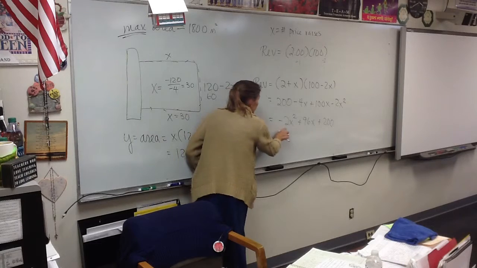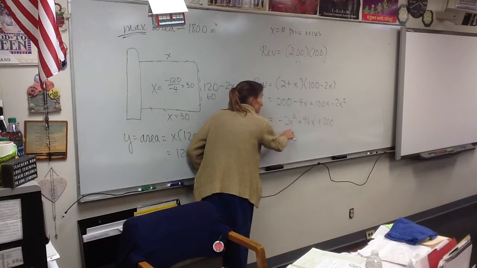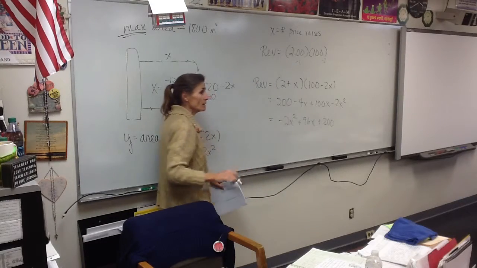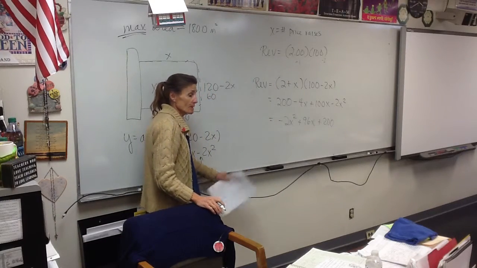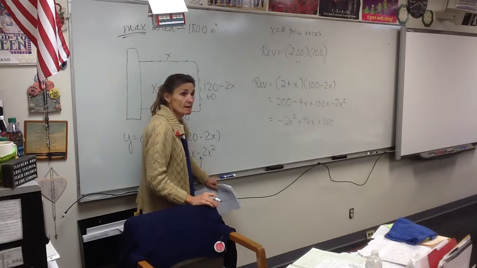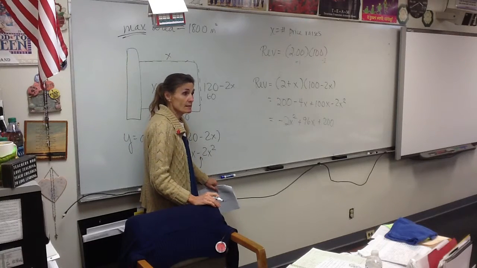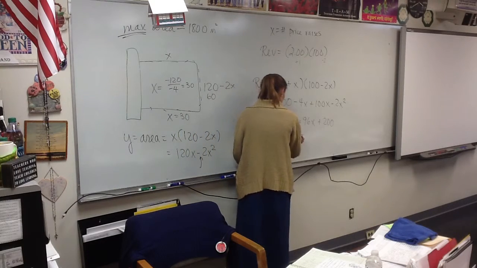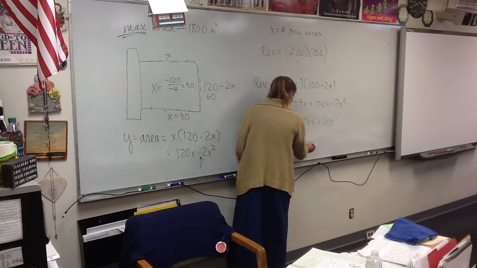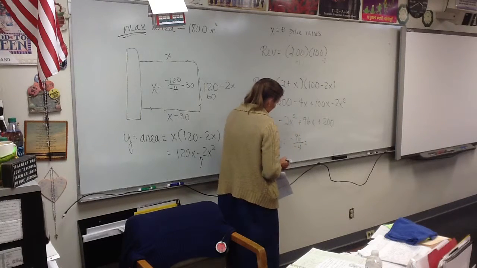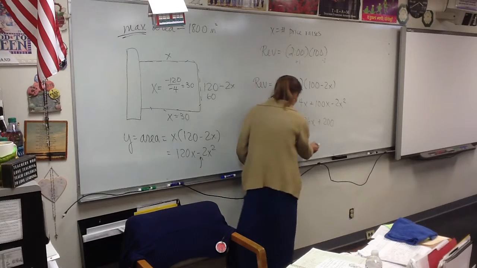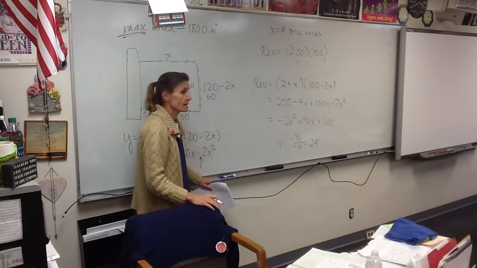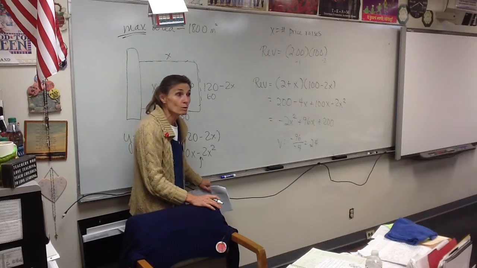Now look, what do we got? Just like before with the fence problems, we have a parabola that opens down. He wants to maximize his income, so we need the vertex. Is that 24? Oh yeah, the answer is 24. We're gonna raise that price 24 times.